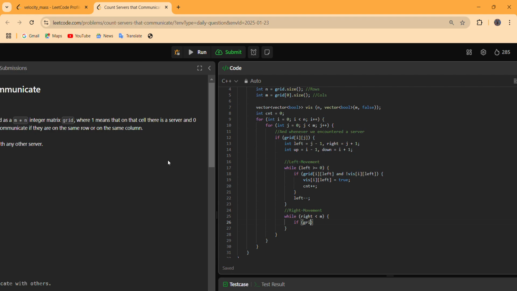So we have to take care of that. And moving in the right direction, if we encounter any server which is not previously visited, then we first mark that coordinate as visited, and then increment our count by 1.